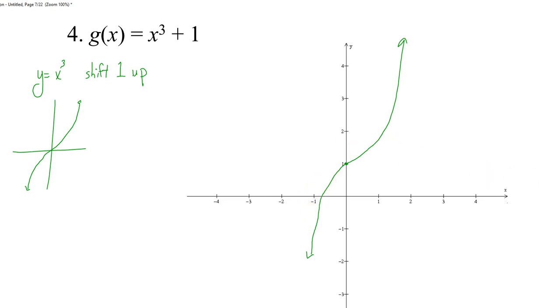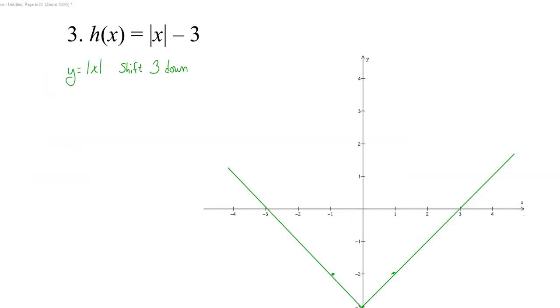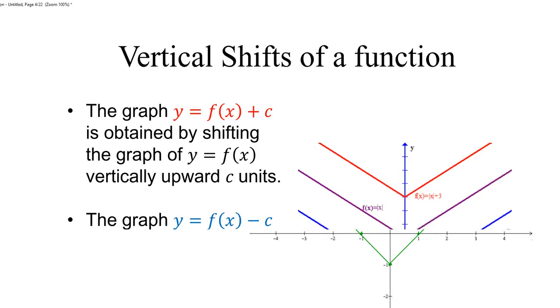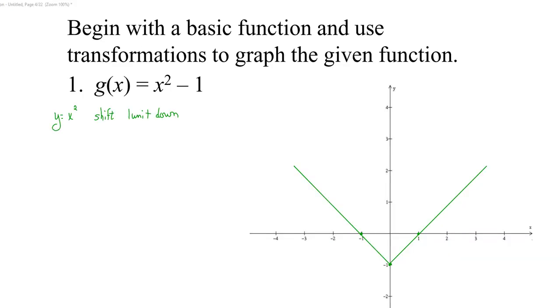Okay. All right. So the next thing we're going to do is talk about horizontal shifts. One of the things that I want you to notice, if you go back a couple of slides and talk about this function where I had the absolute value of x and then plus 3, minus 3, these were outside, what I call outside the function.